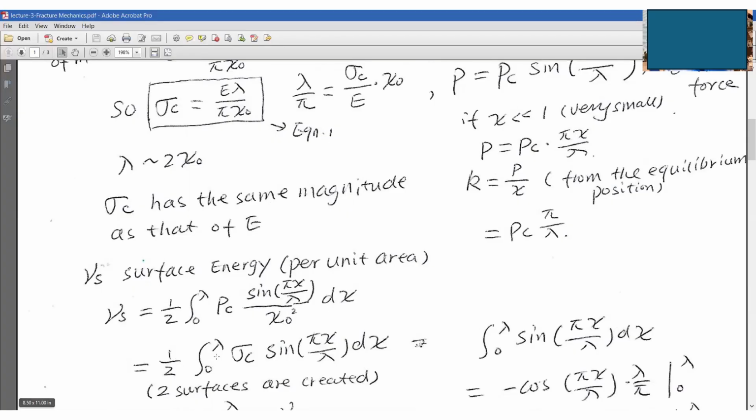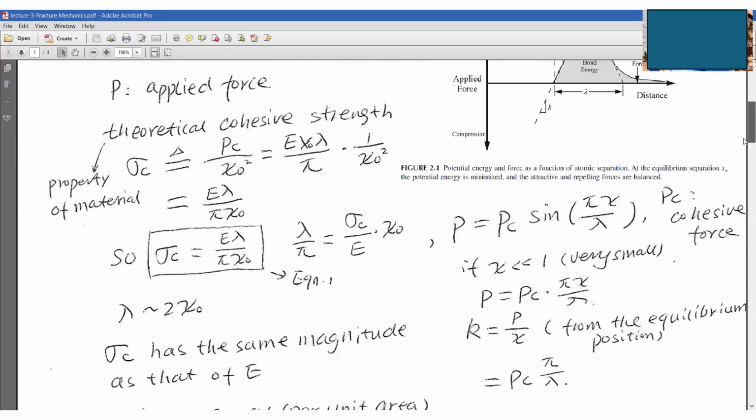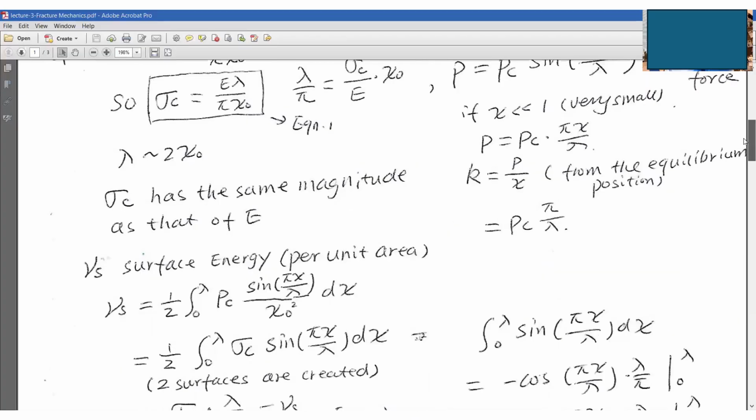So this is 1/2, and we just plug in PC, right? PC can be denoted as sigma C multiplied by x0 squared.